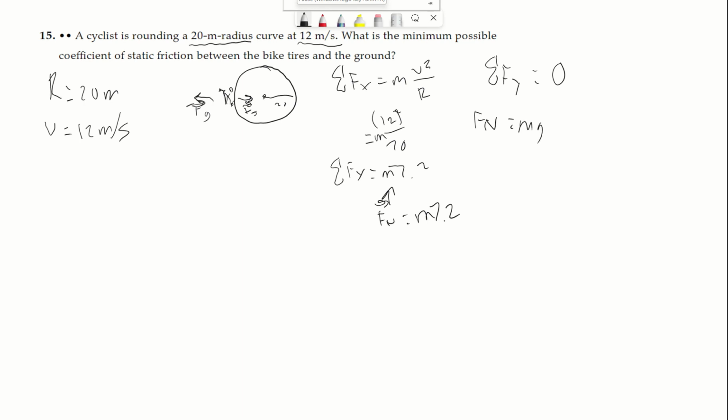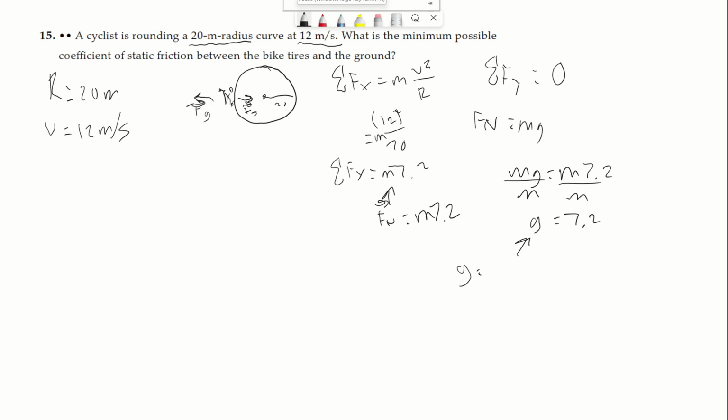So mg is equal to m times 7.2, which we can divide out the m, and we are left with g equals 7.2.